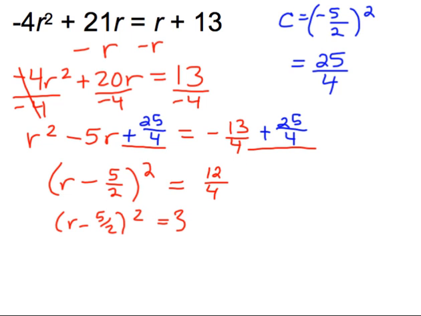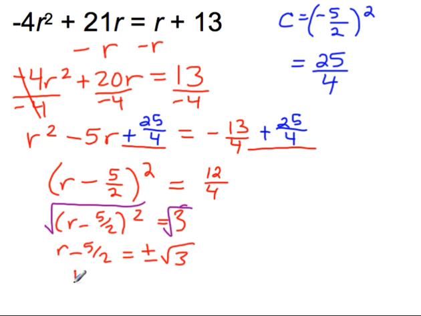Now that we have our binomial squared, I'm going to take the square root of both sides. And then we do the rest of the math. We've got r minus 5 halves equals plus or minus the square root of 3.